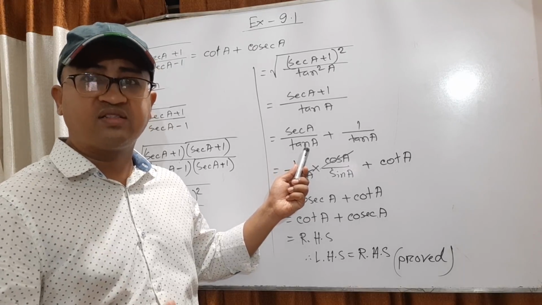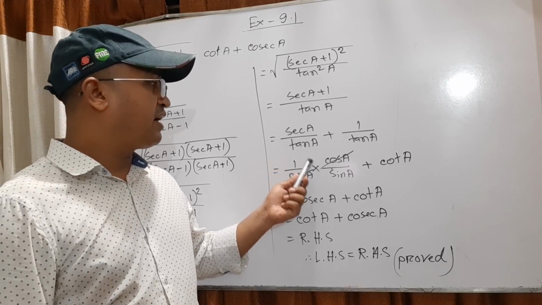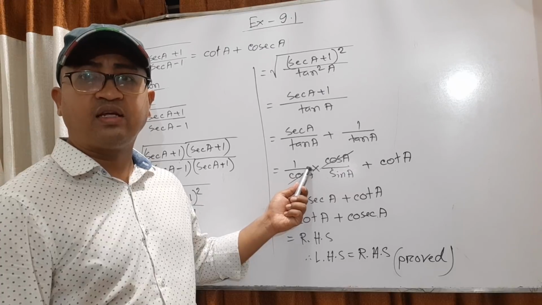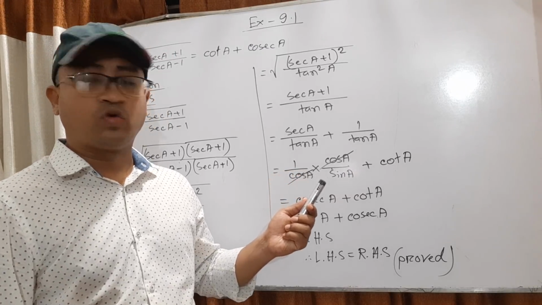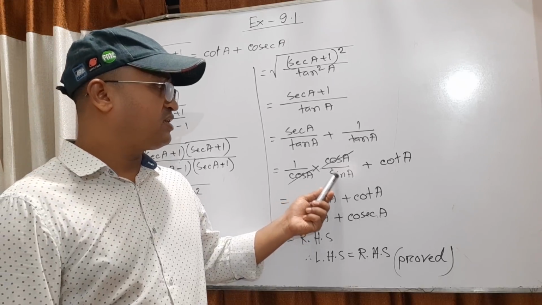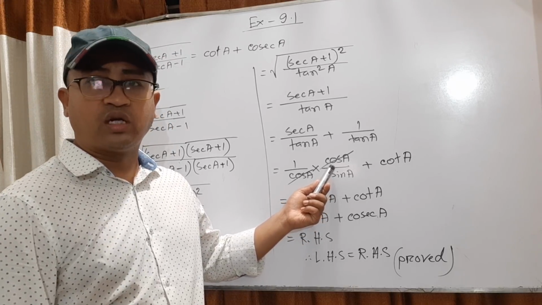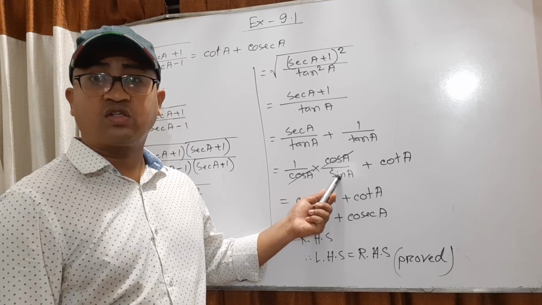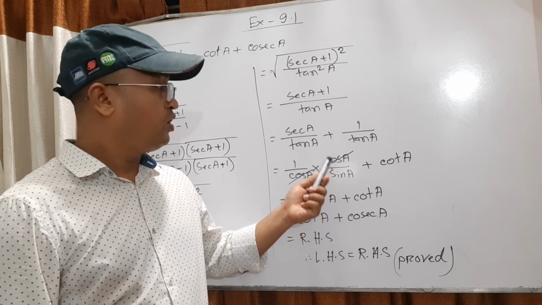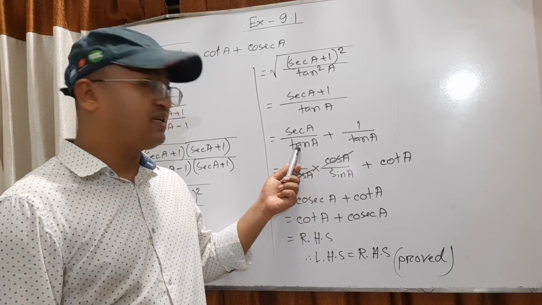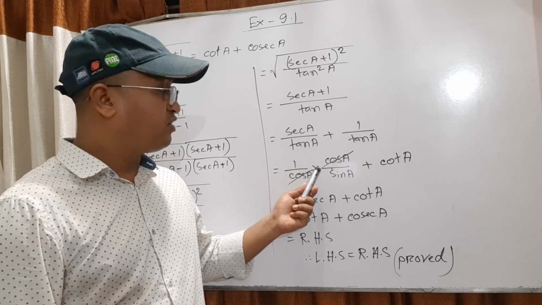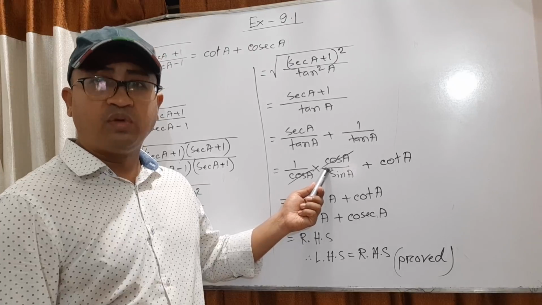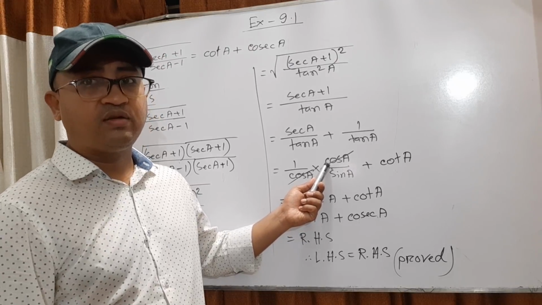A fraction means division, so here I cannot use the division sign. Here I use the multiplication sign, so that tan theta should be reciprocal. That means sin theta and cos theta will be reciprocal: cos theta by sin theta, not sin theta by cos theta. Again, tan theta we know is sin theta by cos theta, but here I use multiplication, so it will be the reciprocal, cos theta by sin theta.